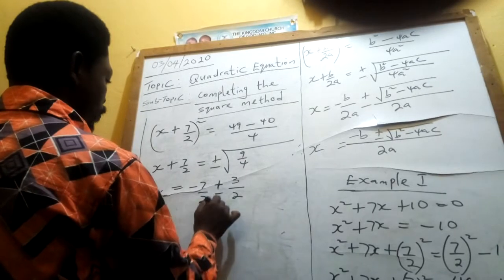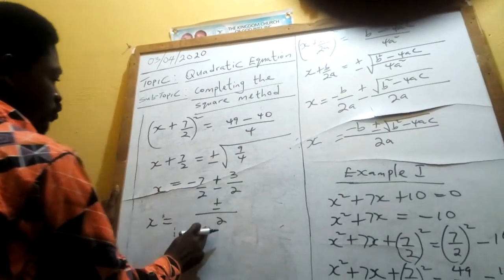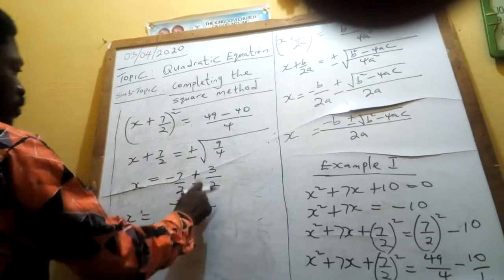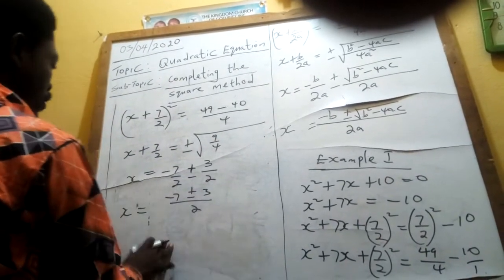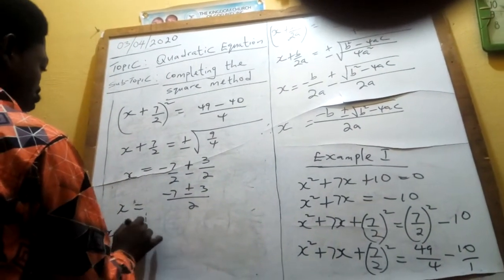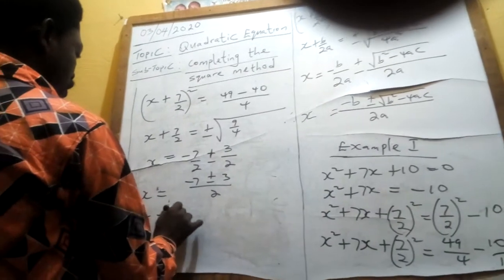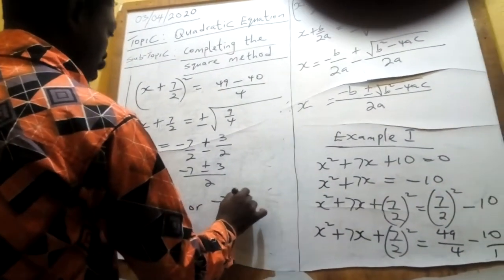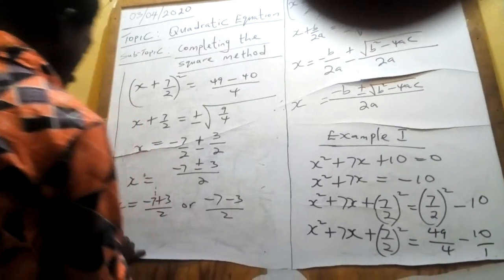You say x equal to, find the LCM. This is 2, plus or minus. This is 1. 1 times 7 minus 7 is minus 7. This is 1. 1 times 3 is 3. So this one implies that x equal to minus 7 plus 3 over 2, or minus 7 minus 3 over 2.